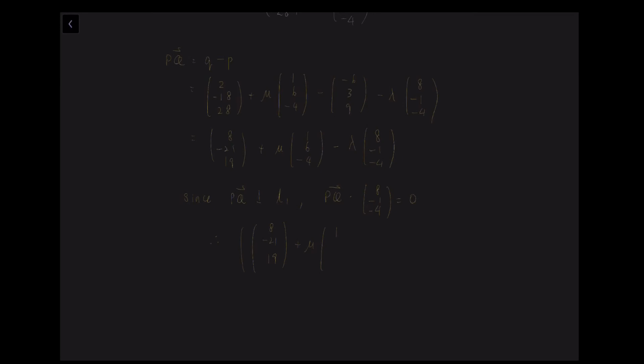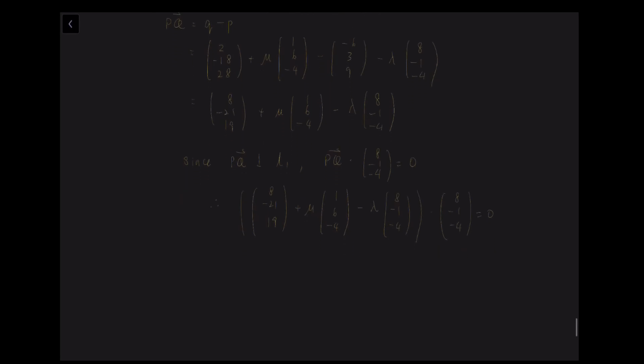So we substitute this PQ that we have obtained just now into this equation, and we simplify it, and we will obtain 64 plus 21 minus 76 plus mu times 8 minus 6 plus 16 minus lambda times 64 plus 1 plus 16 equals 0, which then simplifies to 9 lambda minus 2 mu equals 1.